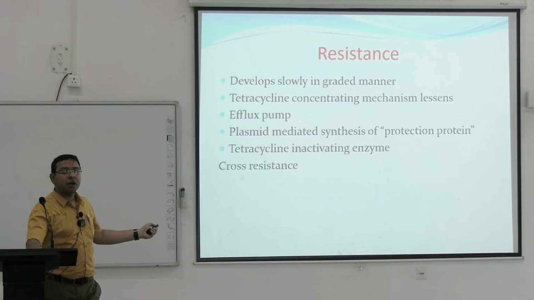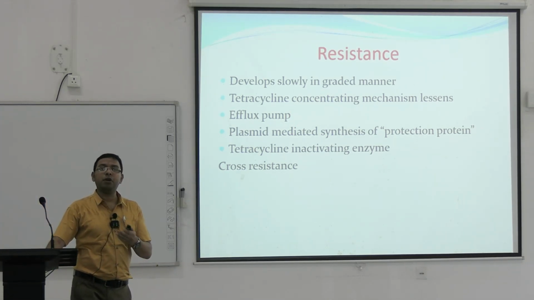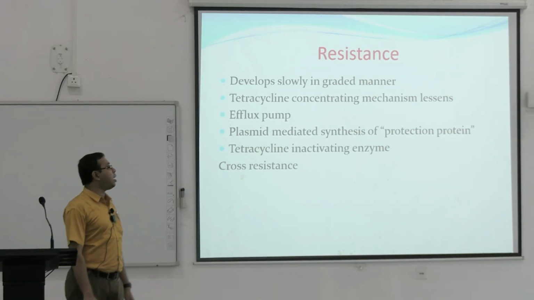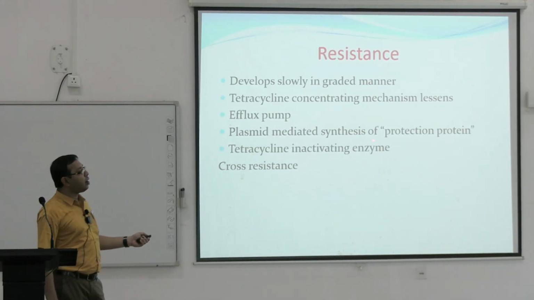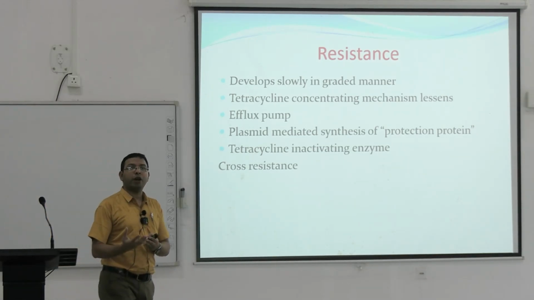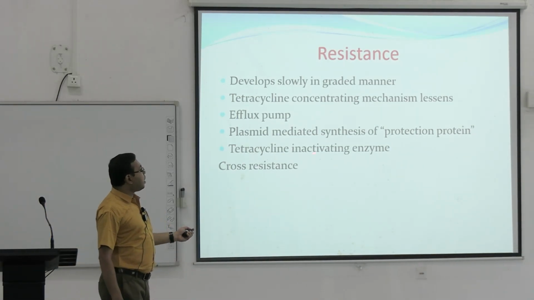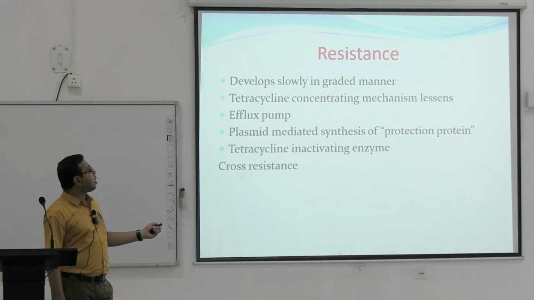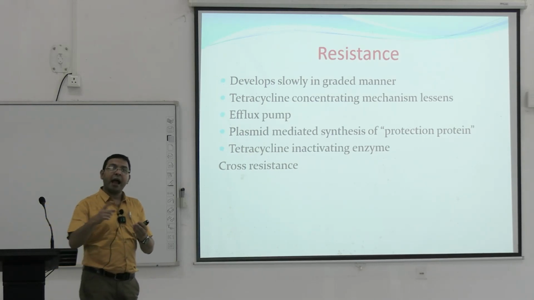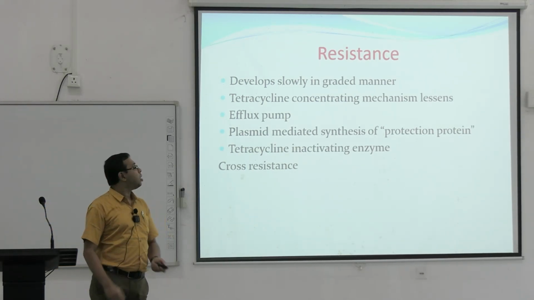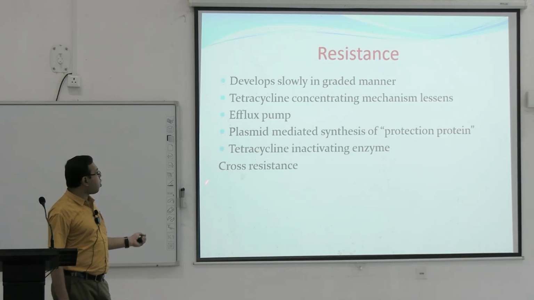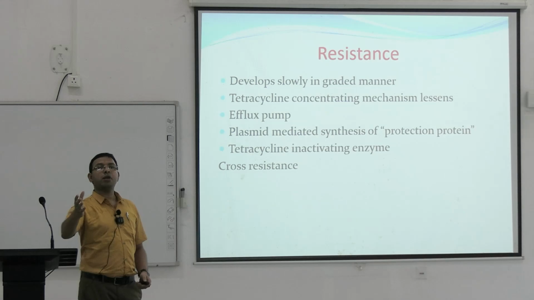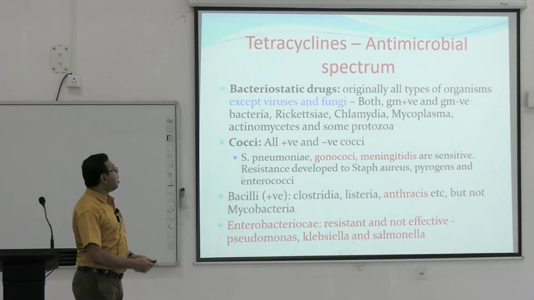So these are the different ways by which a bacteria develops resistance to tetracycline or, most commonly, to other broad spectrum antibiotics. Tetracycline concentrating mechanism, that is the active transport mechanism, becomes less and develops slowly in a graded manner. And cross resistance is always there. That is, resistance to one type of tetracycline means resistance to other types of tetracycline also.